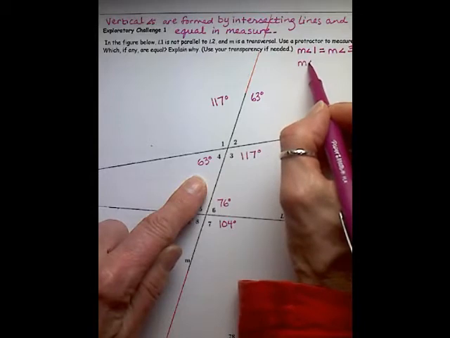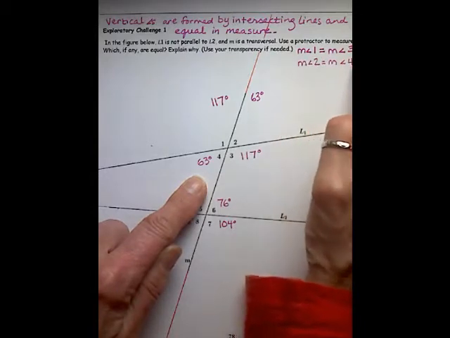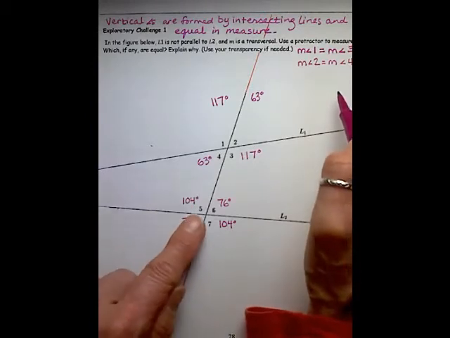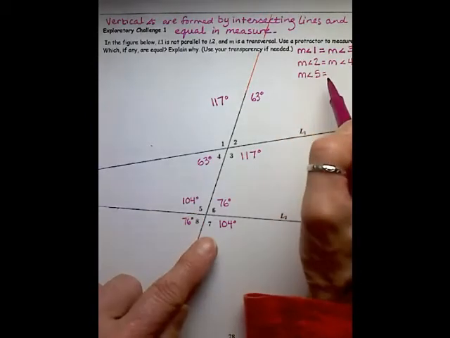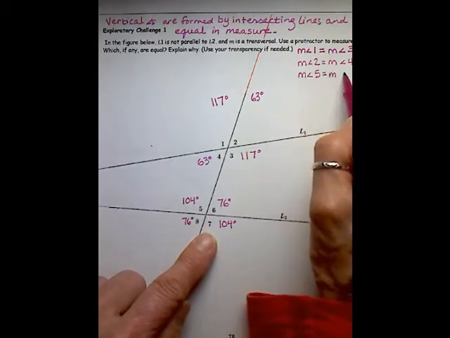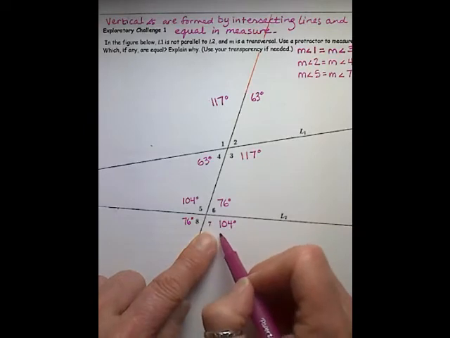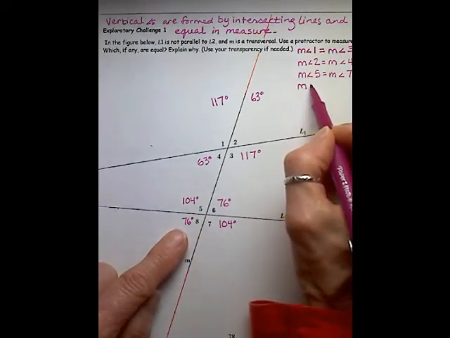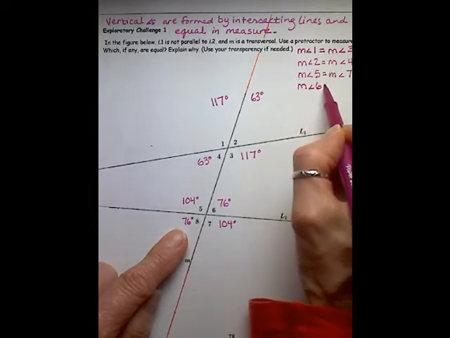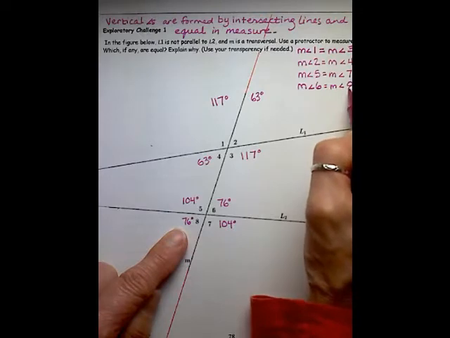So you have the measure of angle 2 equal to the measure of angle 4. We have the measure of angle 5 equal to the measure of angle 7. Those are vertical angles. And then we also have another pair. The measure of angle 6 is equal to the measure of angle 8.